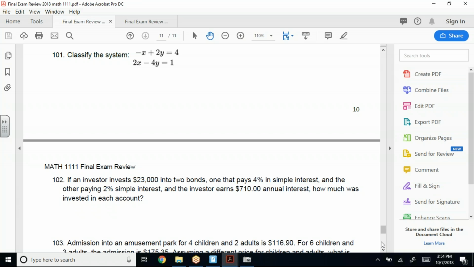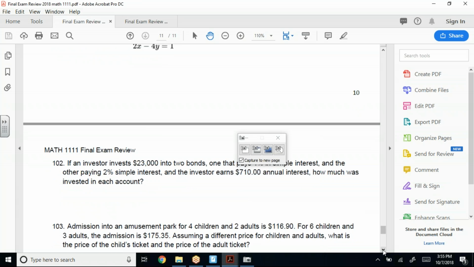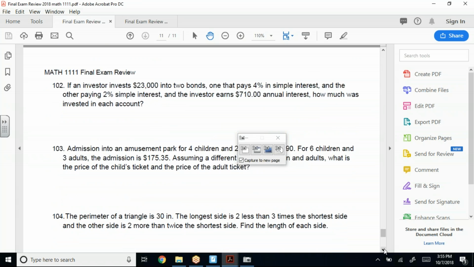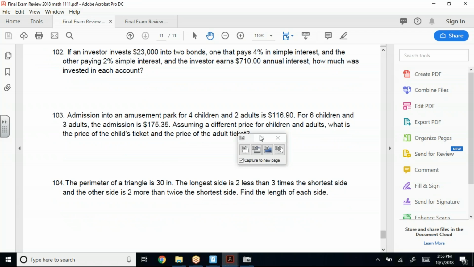I think it's been in the homework with 2. So let's kind of look at this. And 104 is coming up next, so let me just go ahead and grab that while I'm here. All right.